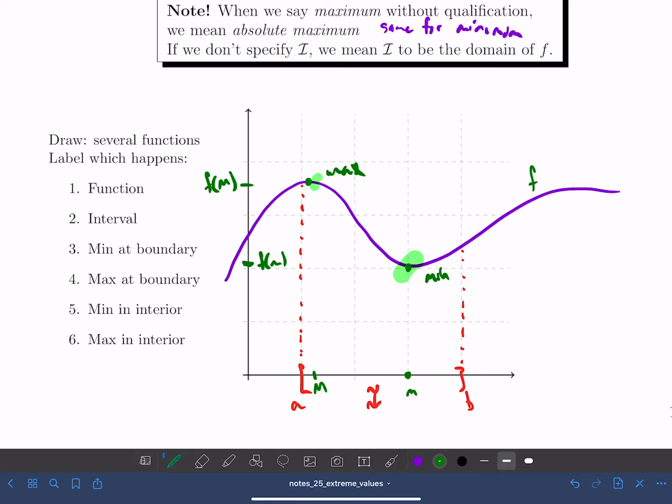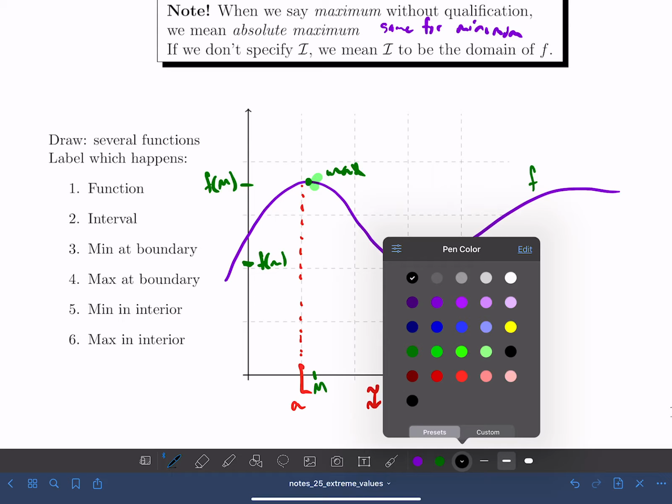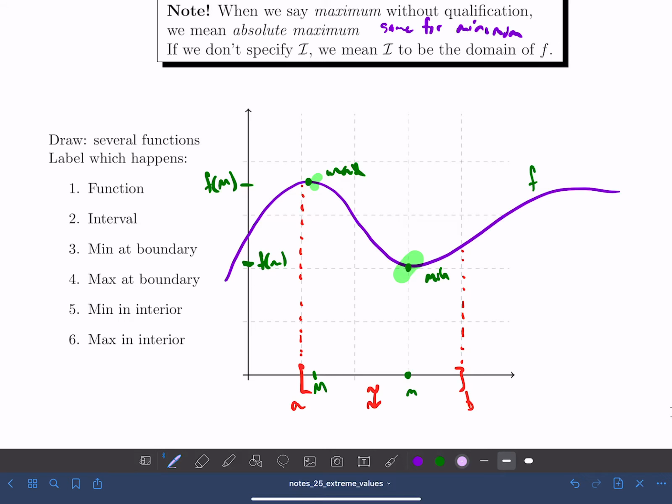Let's draw another function. Let's choose a nice bold color here, light purple. I want to draw a function that's kind of curvy up, similar to the log function. Let's call this function g. I want to consider the minimum and maximum values for g over the interval I. So we're going to think about the same interval.